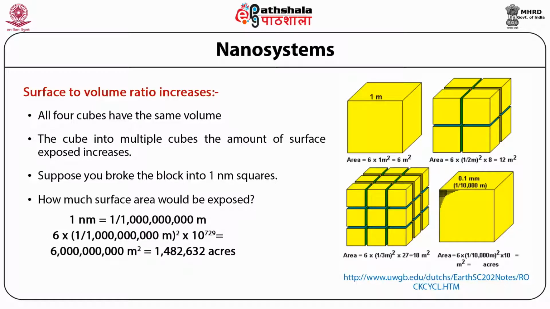1 nanometer is equal to 1 by 10 to the power 9 meters. Now, if we multiply 6 by (1 by 10 to the power 9) whole squared, multiplied by 10 to the power 27, then this is equal to 6 multiplied by 10 to the power 9 meters square, which is nothing but equal to 14,82,632 acres.